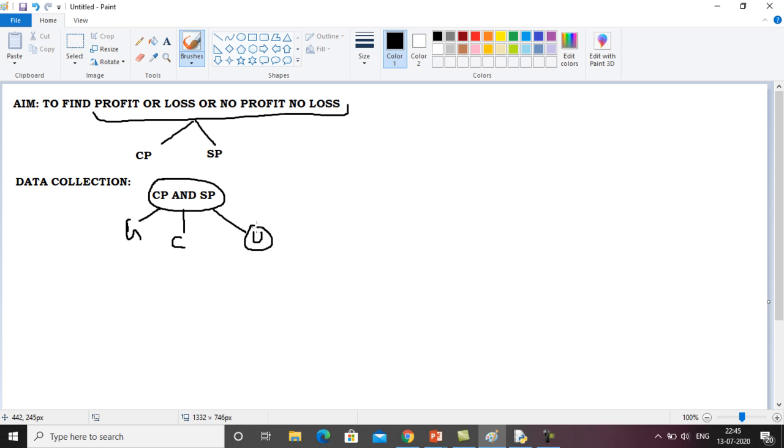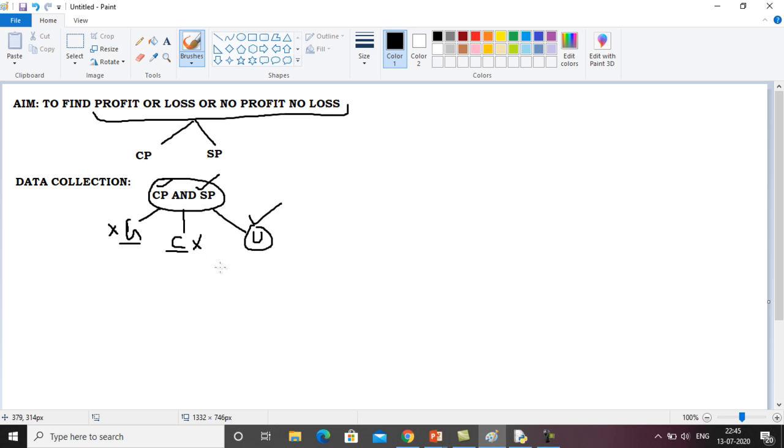So there are three ways in which we can get the value of the variables CP and SP, but as per the question we have to take the value from the user, because in the question its value is not given and neither is any criteria given for obtaining the value of cost price and selling price. So let's take the value from the user.